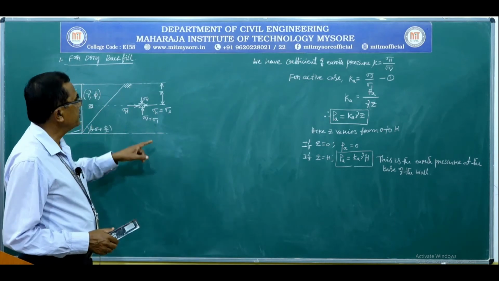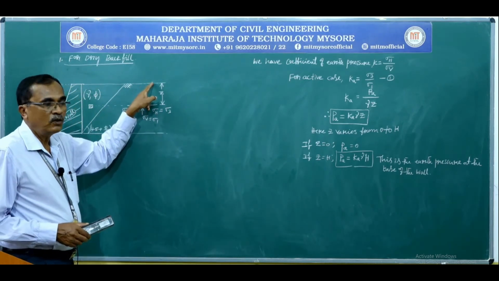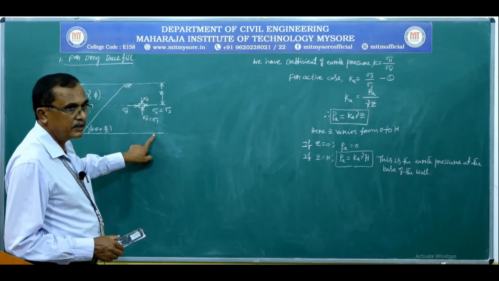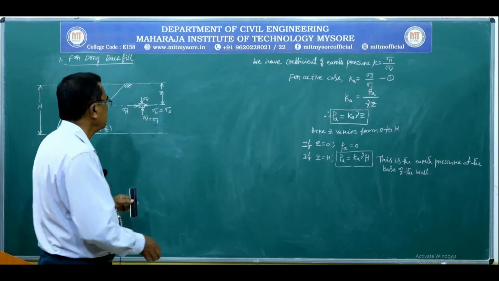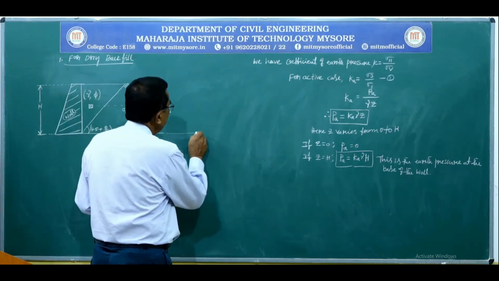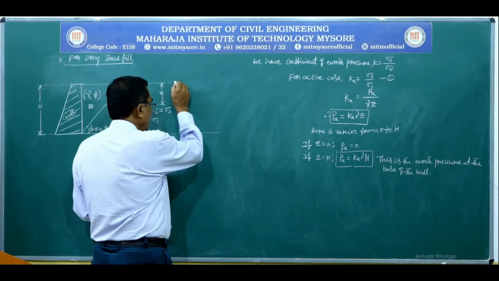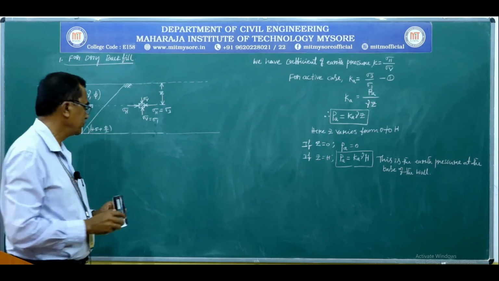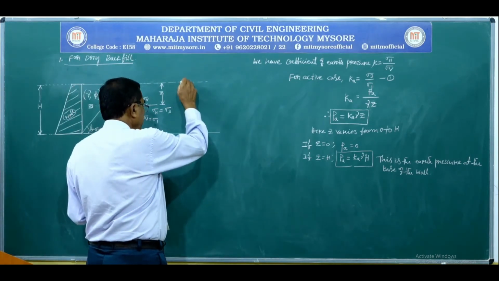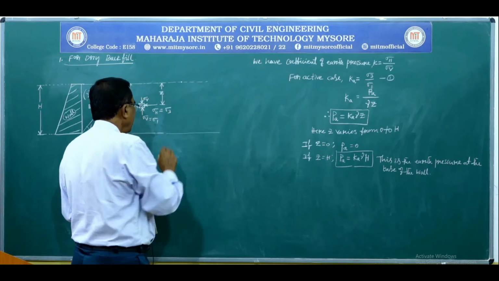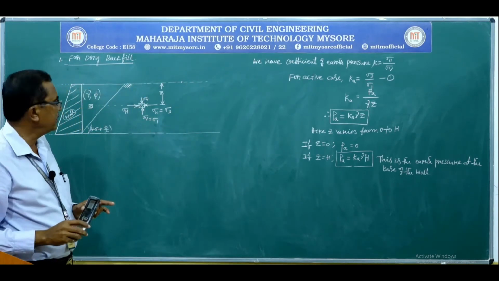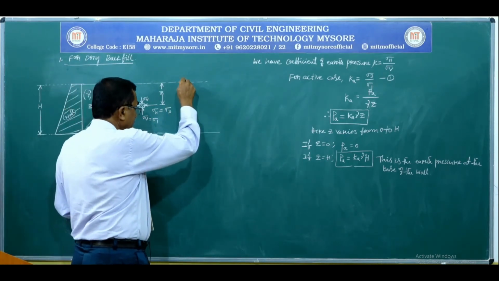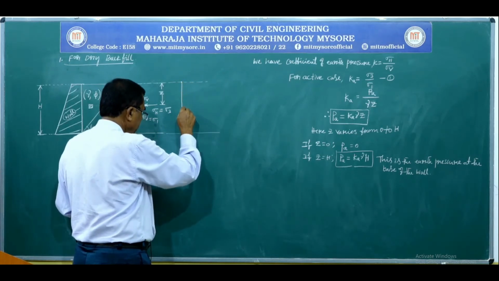So now we know earth pressure at the surface is 0 and earth pressure at the depth of H is PA equal to Ka gamma H. We can easily draw the pressure distribution diagram. This diagram is very much essential to calculate the total active earth pressure. For that, first draw the reference line.